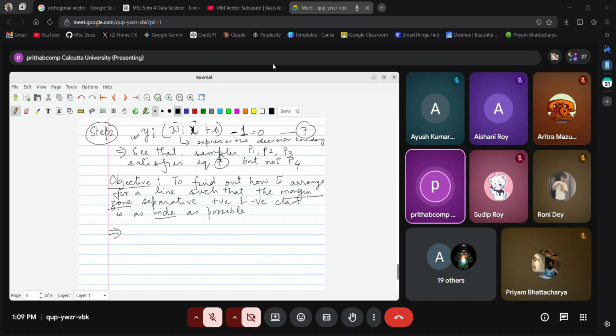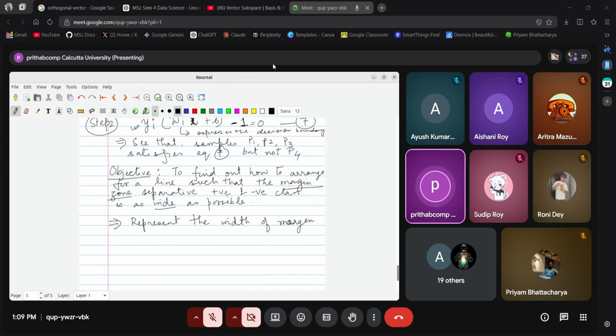After writing the lines representing the decision boundary, I need to represent the width of the margin, using again some vectors.